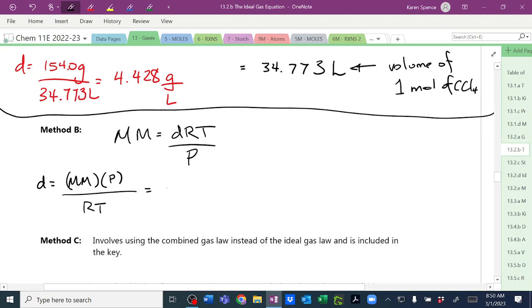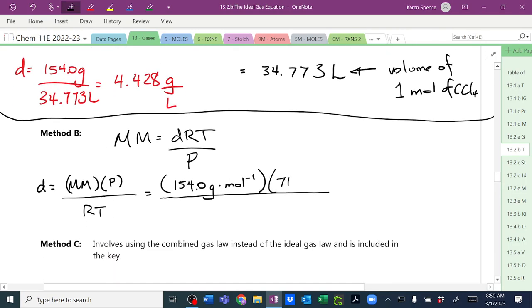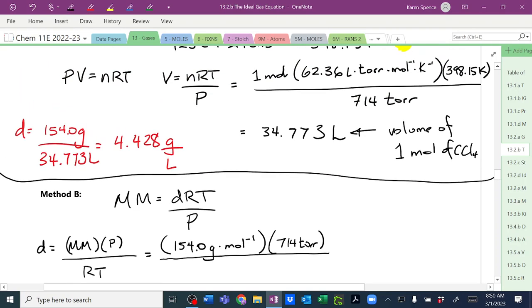So our molar mass was 154 grams per mole. And you'll notice, in order to save room, I am putting mole to the -1 for per mole. The pressure was 714 torr. The R value we're going to use is the one that has torr in it, 62.36.